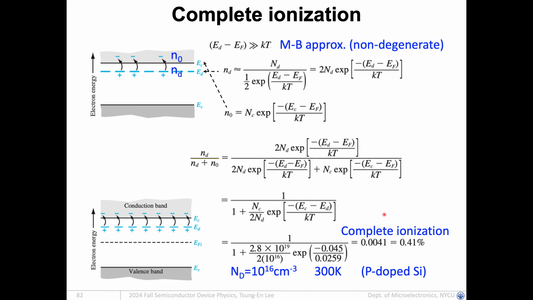It means that almost all the electrons are in the conduction band, not staying at the donor level. So we call it complete ionization.